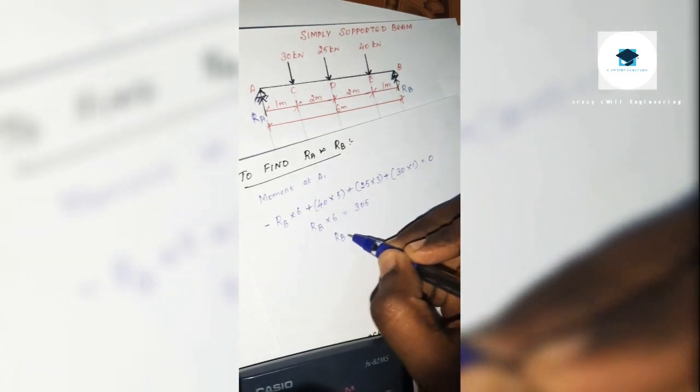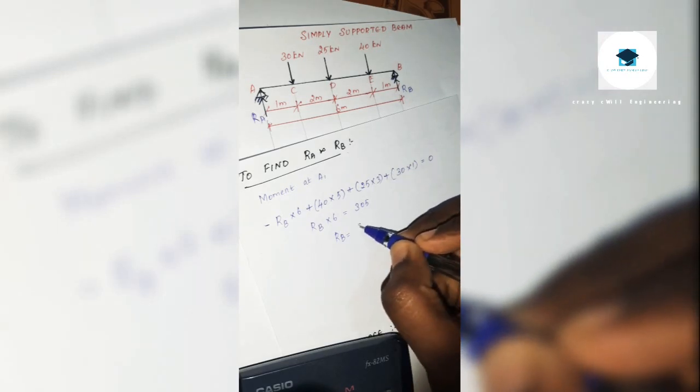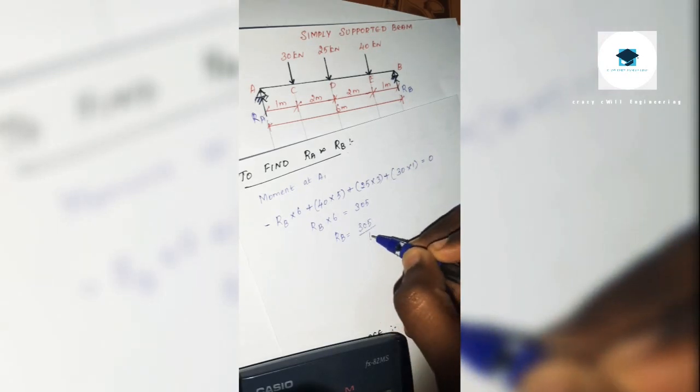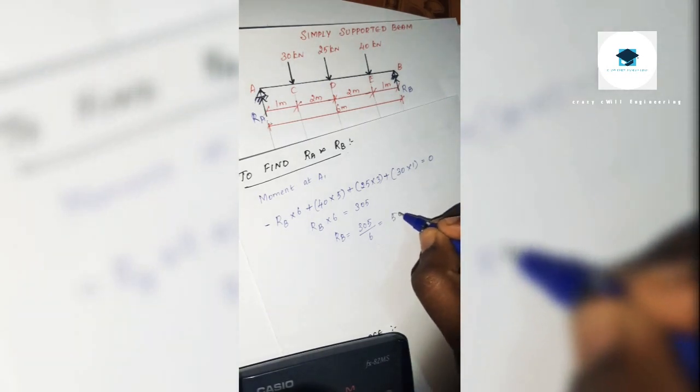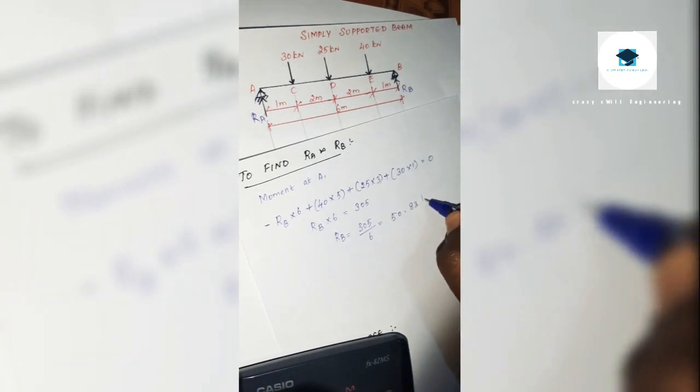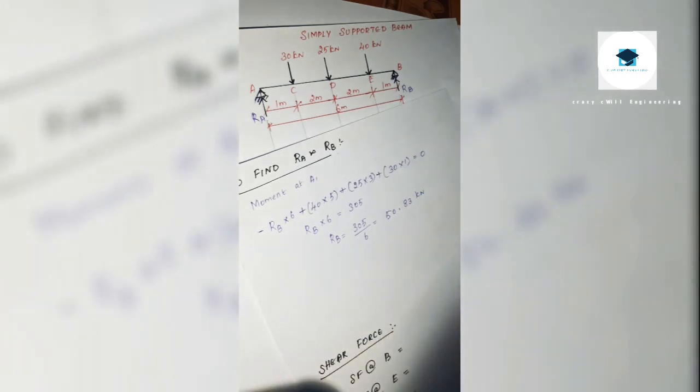RB equals 305 divided by 6, which is 50.83 kilonewton.